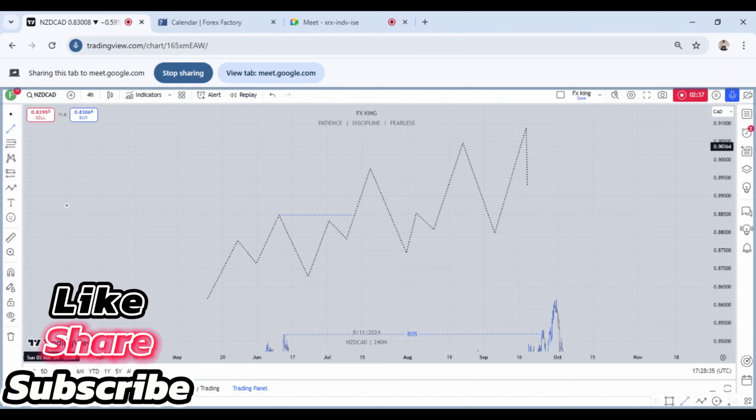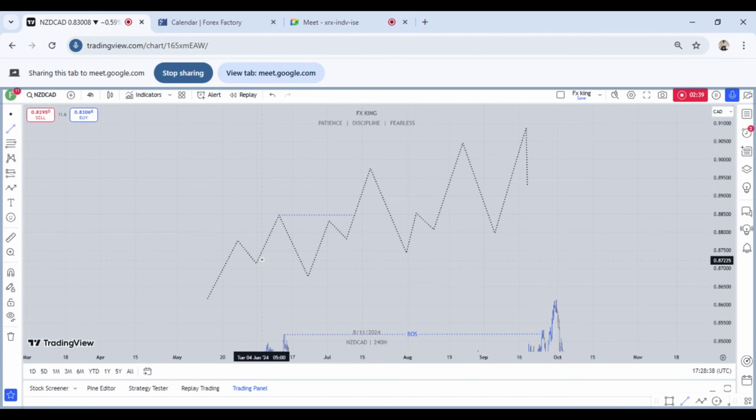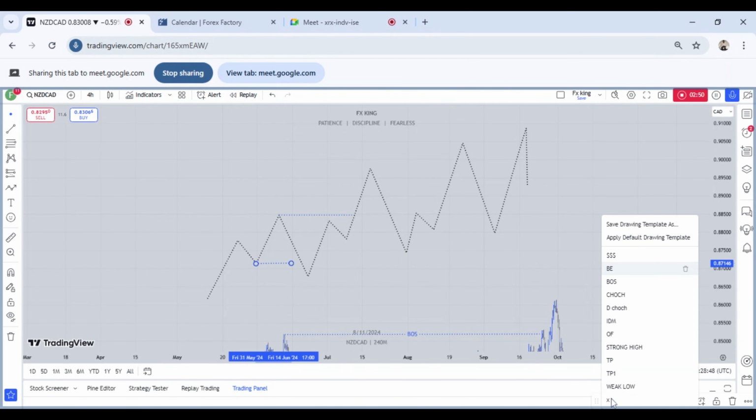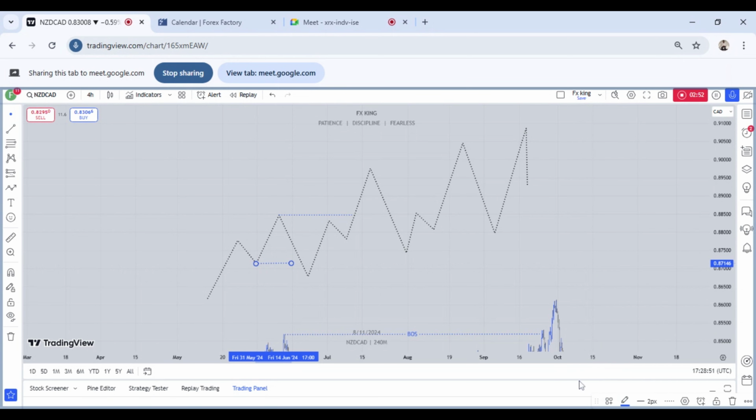First, you identify your inducement. This is an inducement here. If you start from here and look down, you see that this was the last pullback. The pullback got taken out by this move. So your inducement is here.